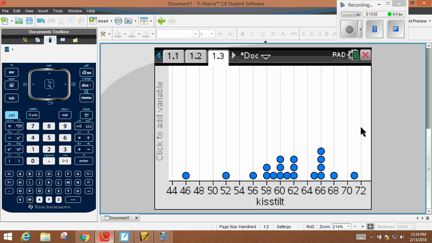So I feel like this is evidence that people actually tilt their heads to the right when they kiss. In other words, the result that they got from this observational study didn't just happen by chance.